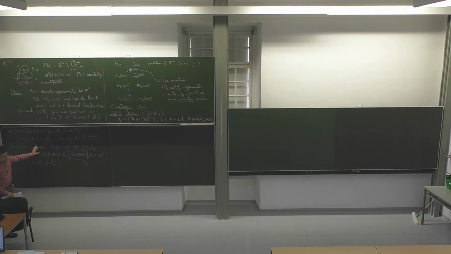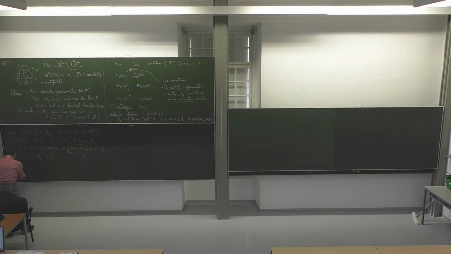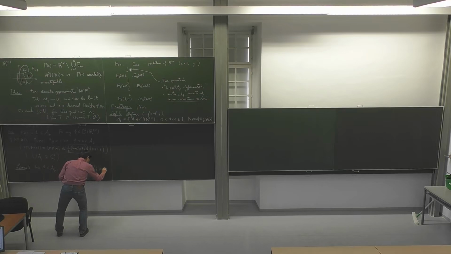Now the reason that this class is introduced is not so clear yet, but this function has a very nice property. In the next lemma, a very easy lemma, for phi in script A_J, we have phi(x) is less than or equal to phi(y) times the exponential of J times |x minus y|.